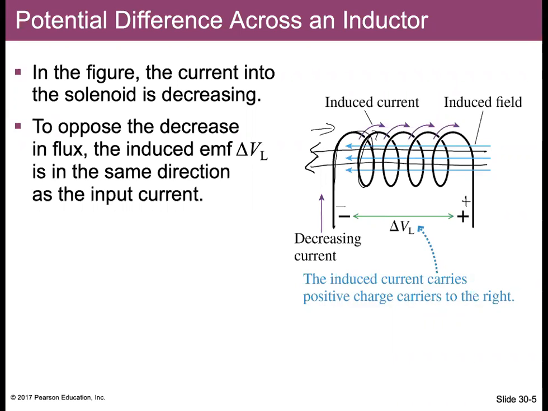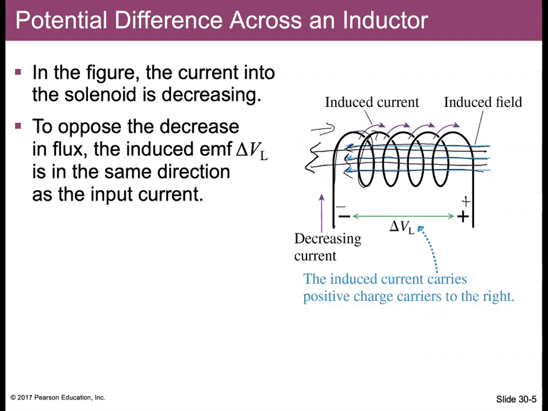So now, to oppose the decrease in flux, we need to have an induced field that goes in the same direction. So now these blue lines, that's our induced magnetic field, will also be going to the left.